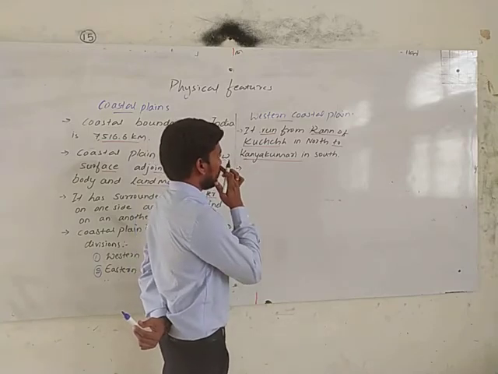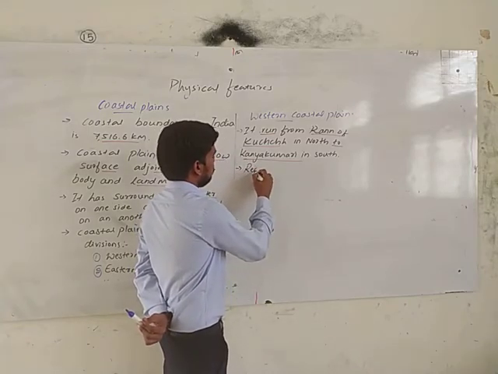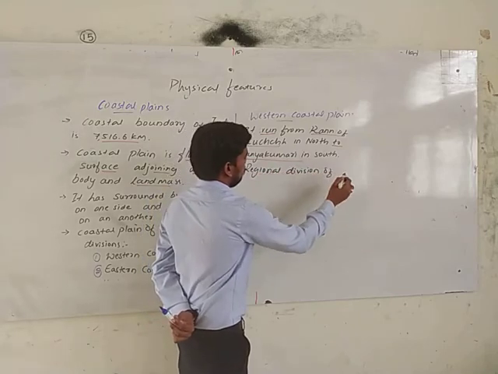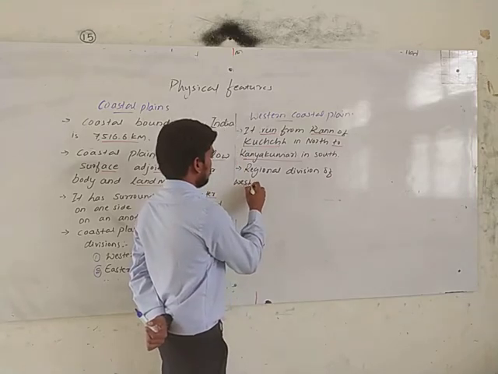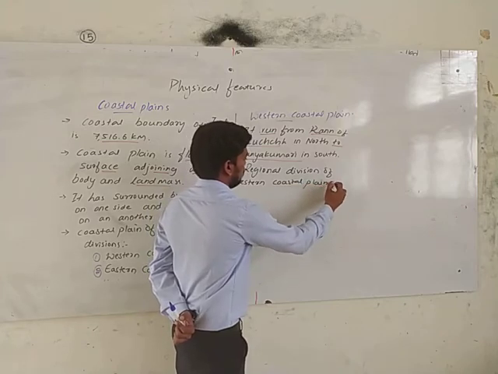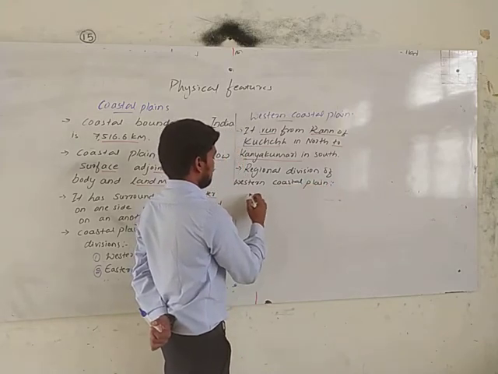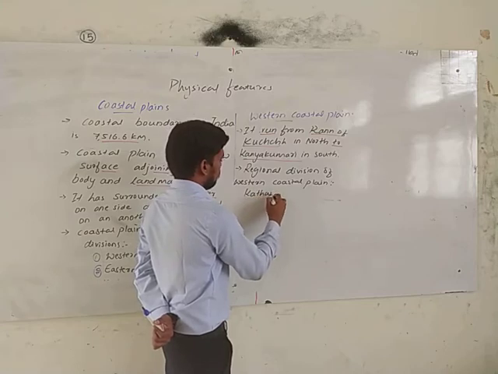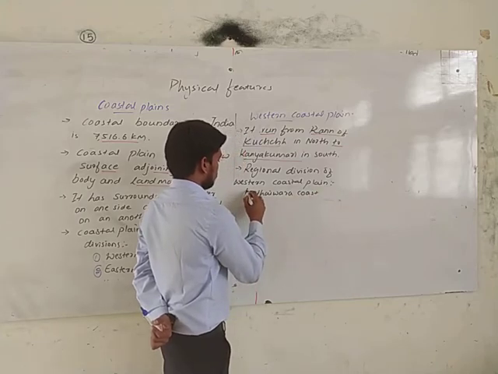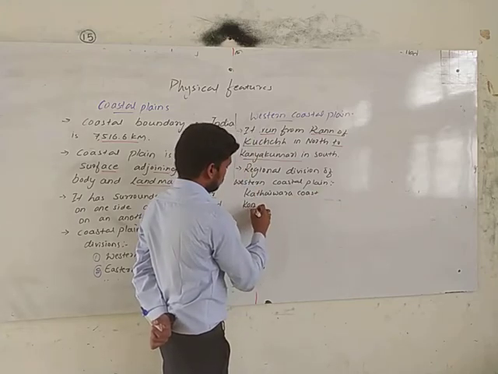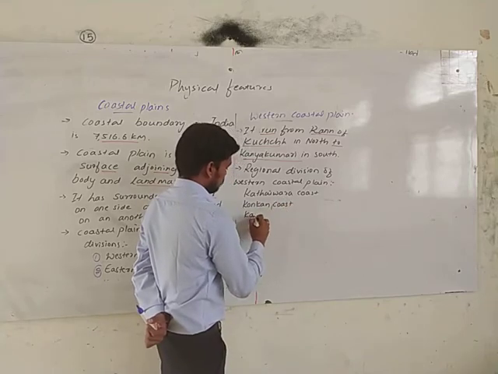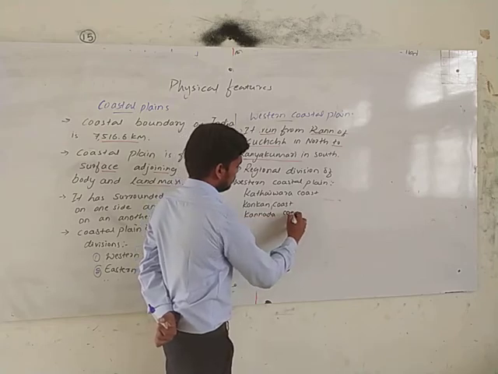So the regional divisions of the western coastal plain are the Kathiawar coast, Konkan coast, Kannada coast, otherwise Kanara coast.